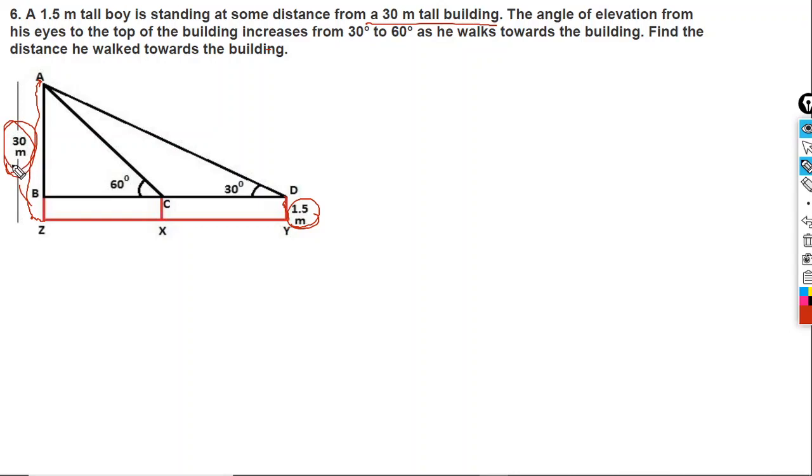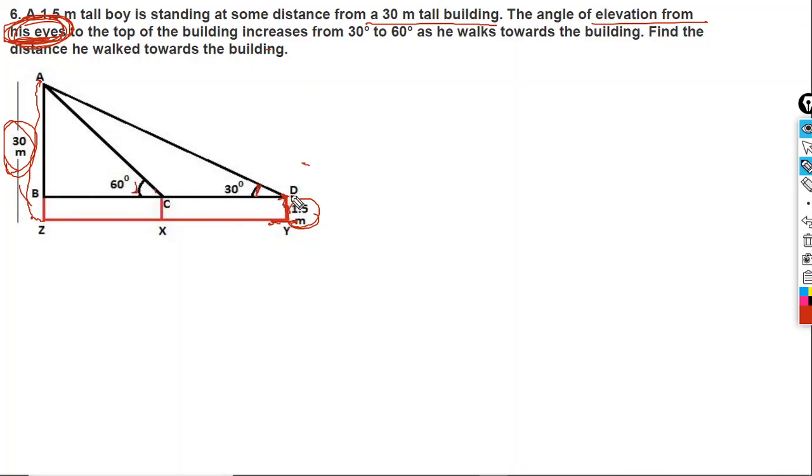meter, and the angle of elevation from his eye, look at it, from his eye, right? So his eye will be 1.5 meter from the ground. Let that point be D. From this point the angle of elevation is 30 degree, and when he moves towards the building, the angle of elevation increases from 30 degree to 60 degree.